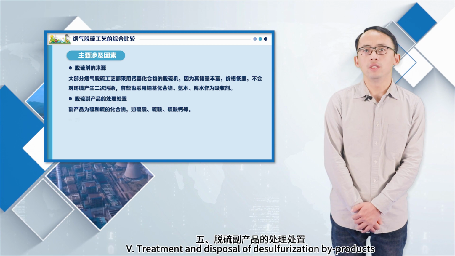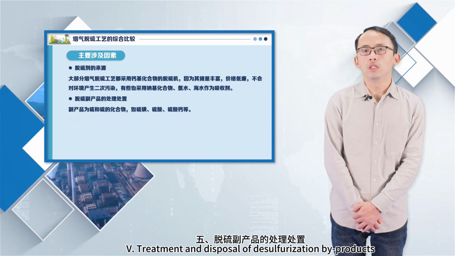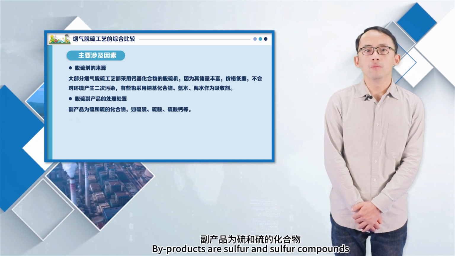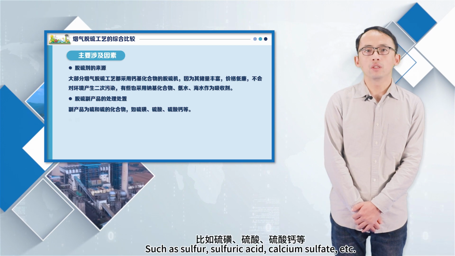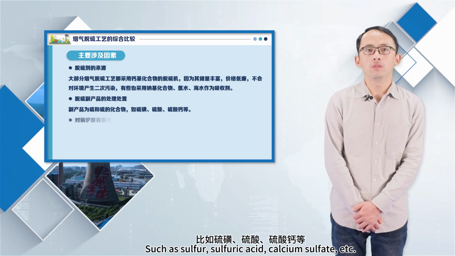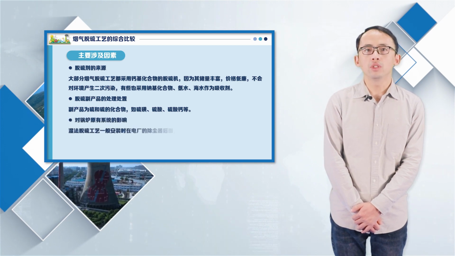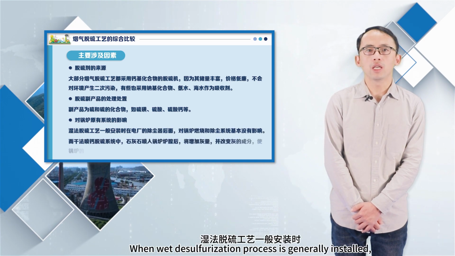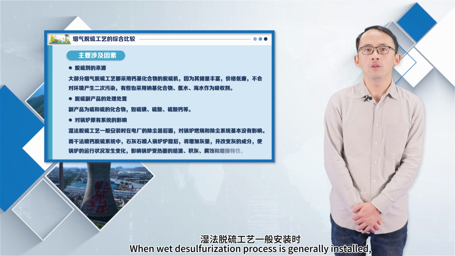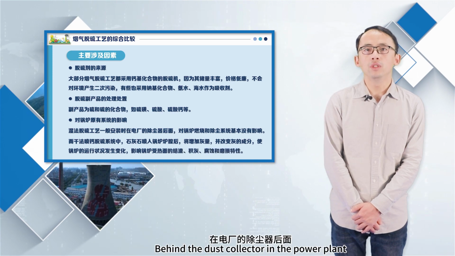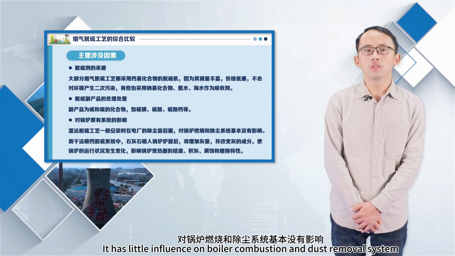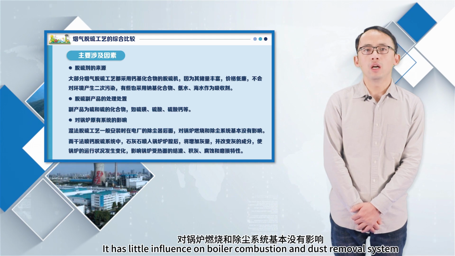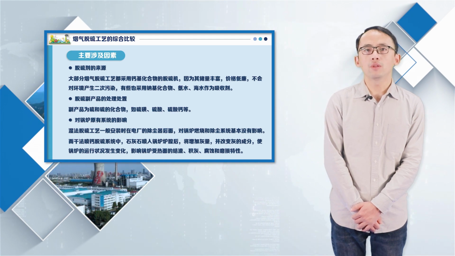Treatment and disposal of desulfurization byproducts. Byproducts are sulfur and sulfur compounds, such as sulfur, sulfuric acid, calcium sulfate, etc. Influence on the original system of boiler. When wet desulfurization process is generally installed behind the dust collector in the power plant, it has little influence on boiler combustion and dust removal system.